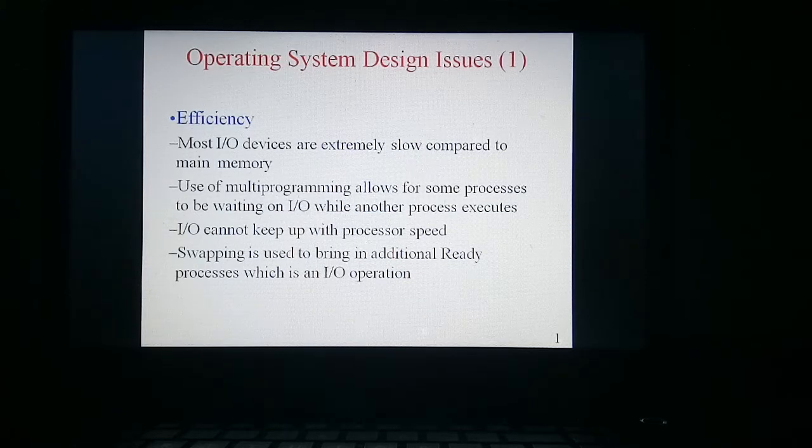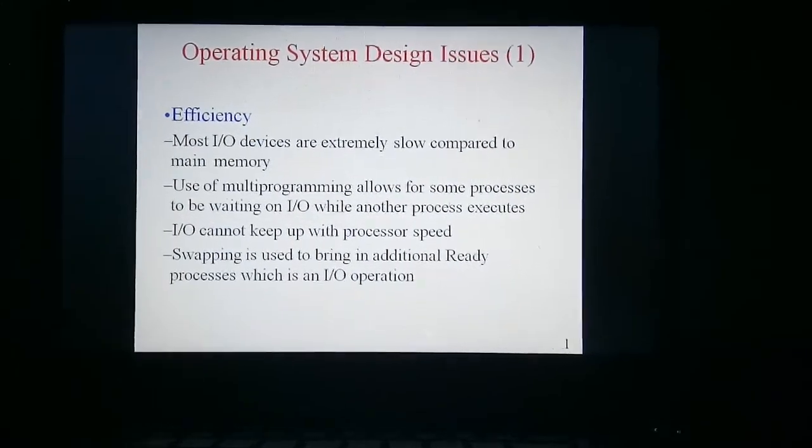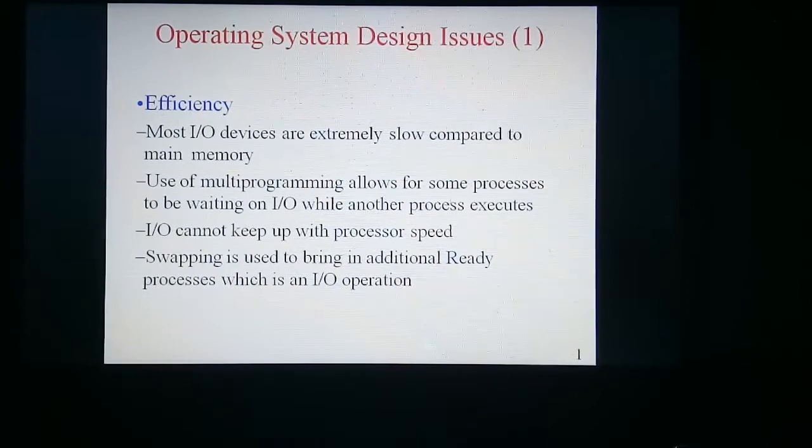If the system is using multi-programming, that is, there are multiple processes, and if the processes are IO bound, a lot of the processor's time is wasted waiting for the IO devices. So that is the first important thing to be taken into consideration, and that is efficiency.